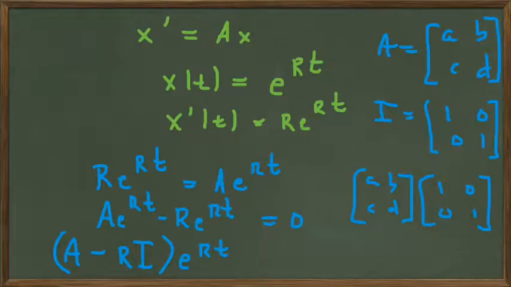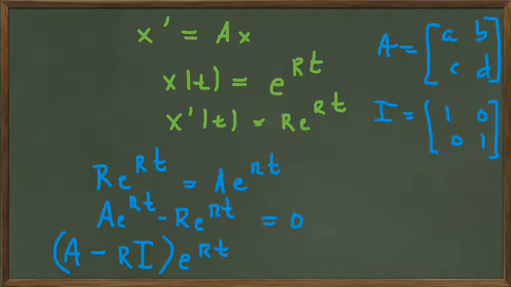If we multiply this times this, we just get a. If we multiply this times this, we get b. If we multiply this times this, we get c. And if we multiply this times this, we get d. So it is the identity matrix, or at least that's confirmation of it.